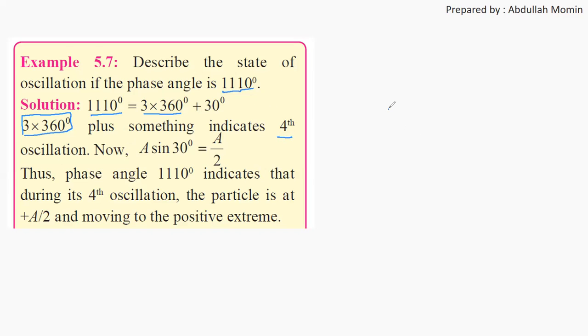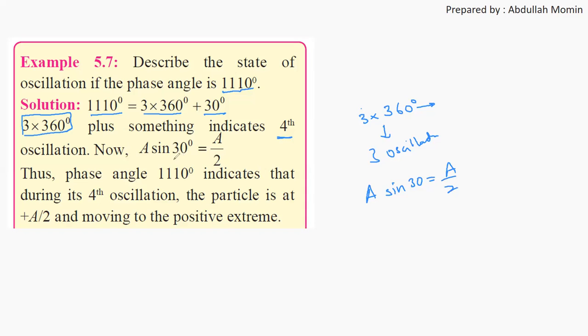During one oscillation the particle completes 360 degrees of phase, so we get 3, that means 3 oscillations have been completed, and the particle is in the fourth oscillation. During the fourth oscillation we can write sine 30, and sine 30 is 1 by 2, so A by 2.